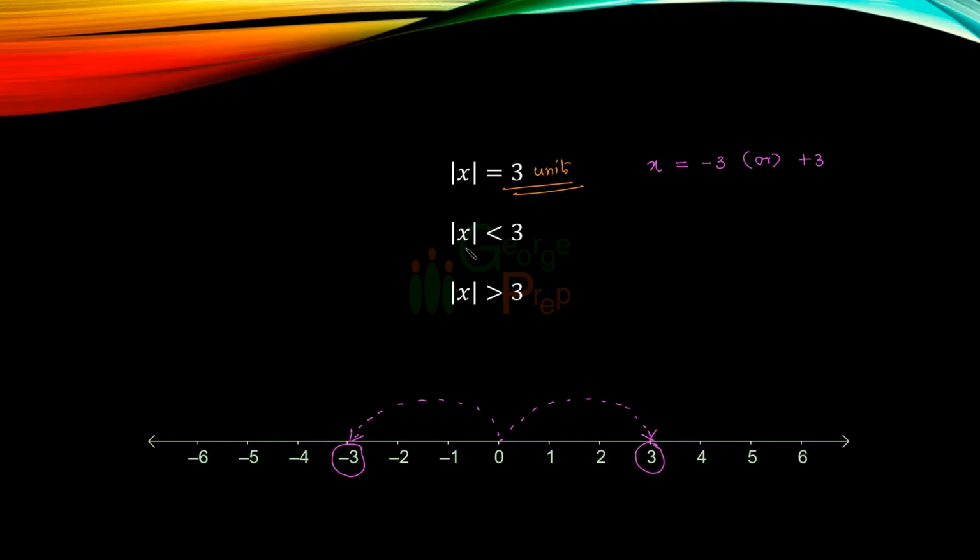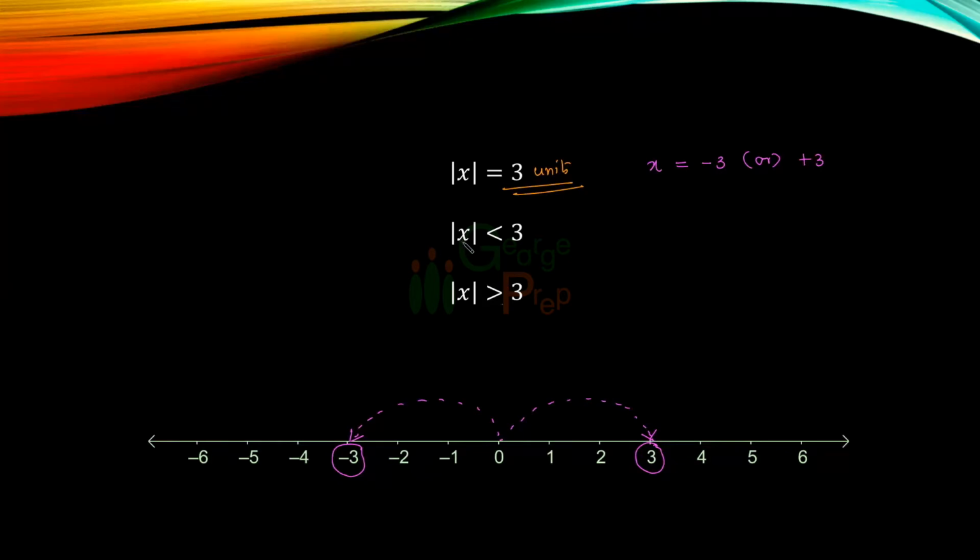Now let's look at the next one. Modulus of x is less than 3, which means there is something which is less than 3 units from the origin. So where can that something lie? It could lie anywhere on the left side of 0. It could also lie anywhere on the right side of 0, right?